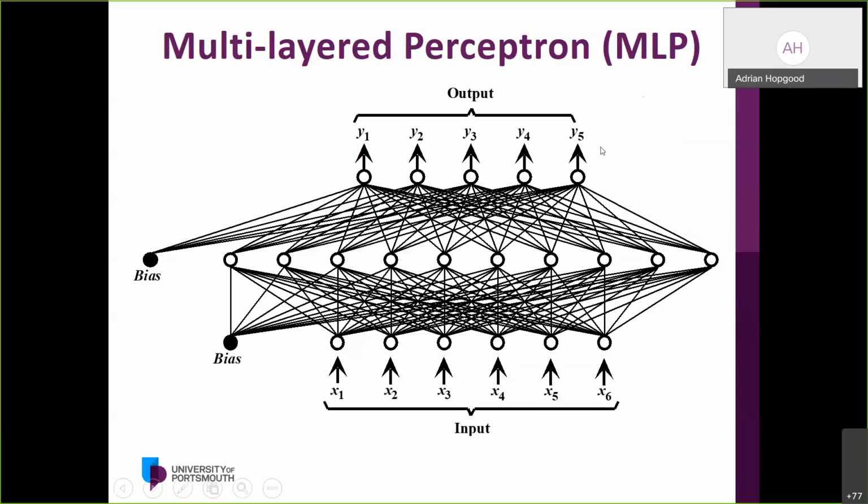The key, though, is that each of those connections has a weighting associated with it. And by adjusting those weights, the neural network can be trained so that it associates particular sets of inputs with particular sets of outputs.